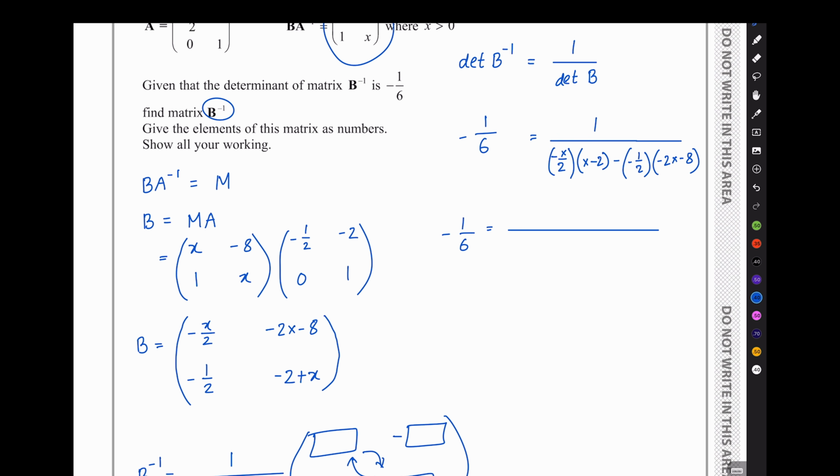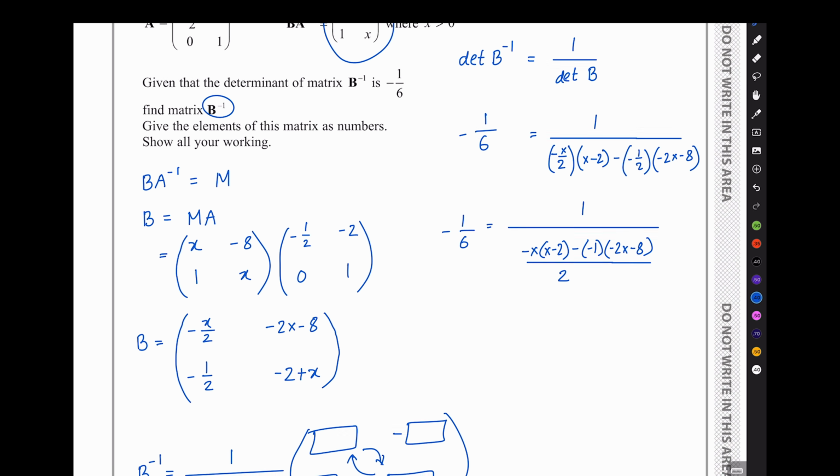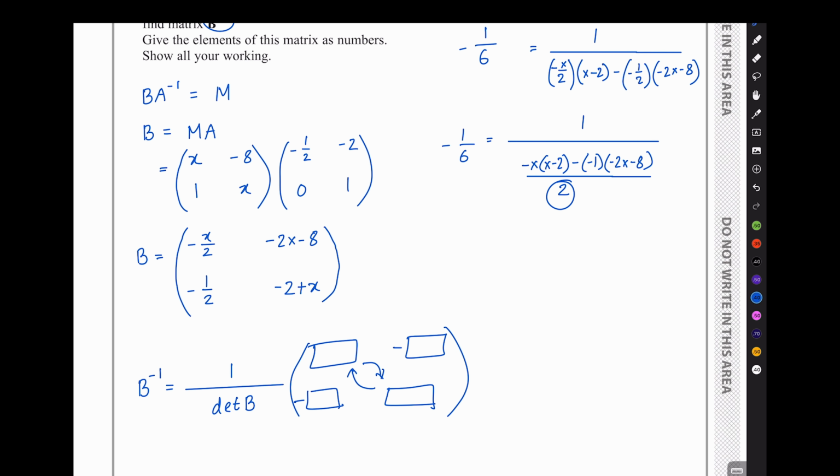The LCM is 2 right here. So negative x minus 2, and then negative. This leaves me with negative 1, and here it's negative 2x minus 1. Okay, so now this 2 comes at the top, right?